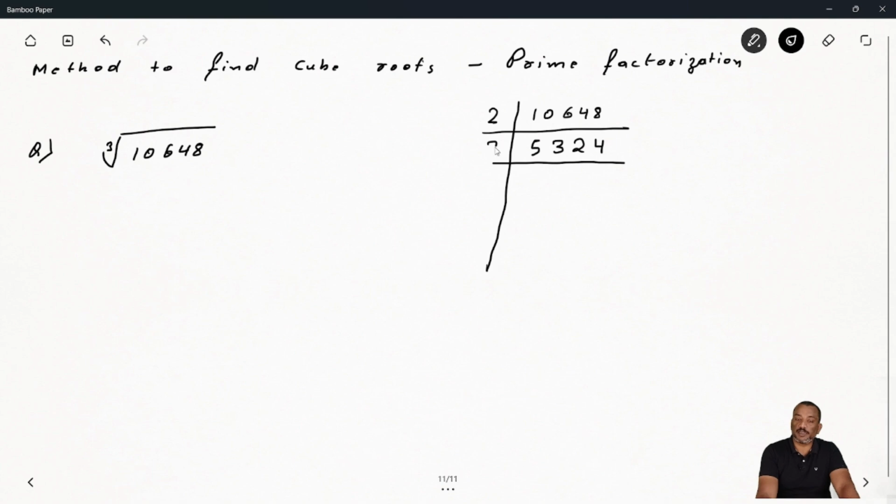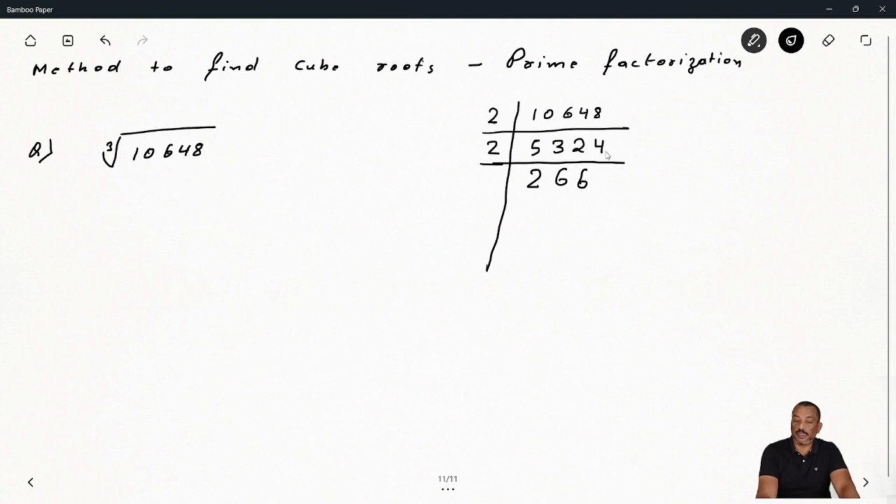Again, it is an even number, so you can again go with 2. Divide 5,324: 5 divided by 2 gives 2, and you can see the remainder is 1, so the remainder comes here. So 13 divided by 2 gives 6, again remainder 1, so 1 comes here. 12 divided by 2 is 6.